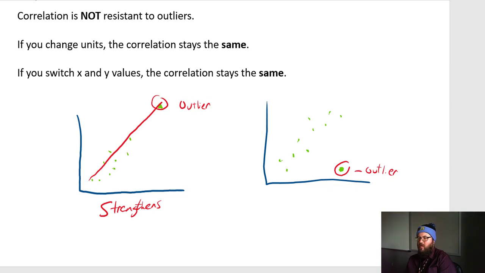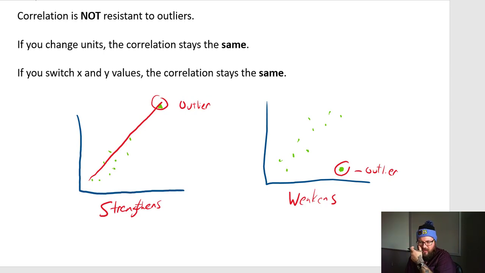So therefore it's weakening. It weakens the actual correlation altogether. So instead of, like this one out here, making the correlation closer to a +1, this is getting the correlation closer to 0.